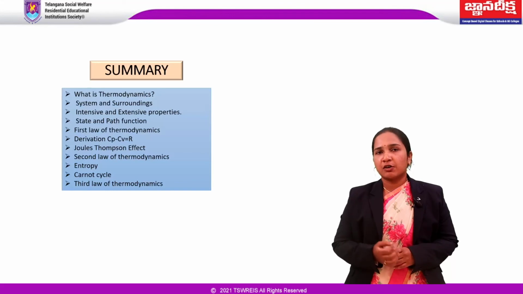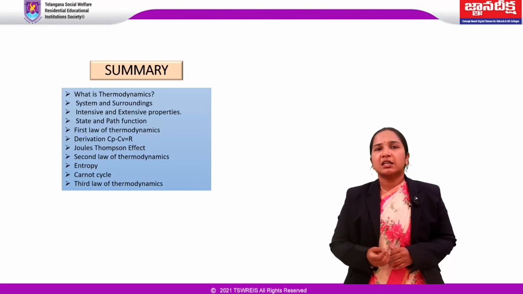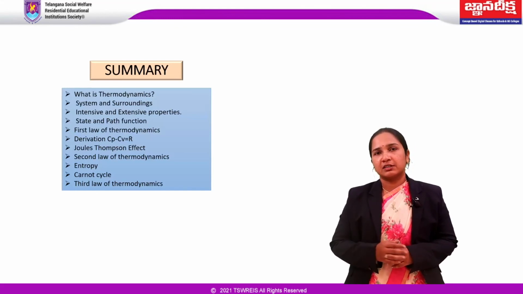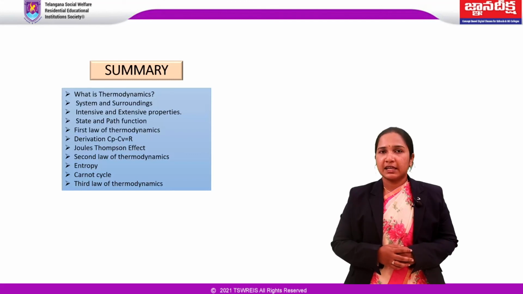According to the first law, energy can be neither created nor destroyed, but it can be transformed from one form to another. We have also seen examples. The equation of the first law is delta U is equal to Q minus W, where delta U is change in internal energy, Q is heat and W is work done.